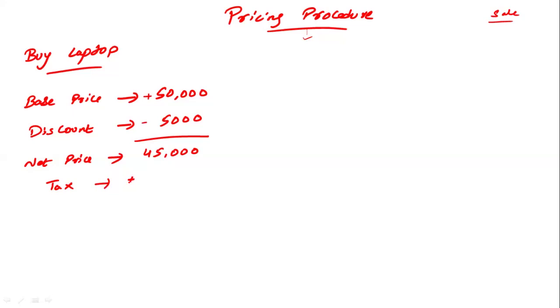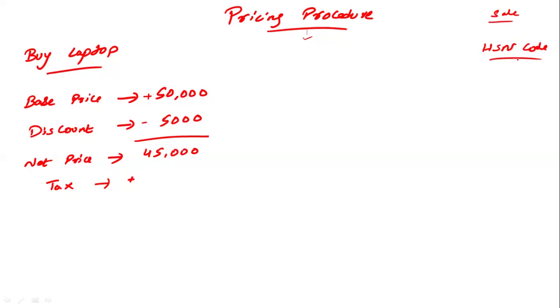We have different tax slabs: 5%, 12%, 18%, or 28%. That tax depends on the HSN code. There is a terminology in finance called the HSN code, the Harmonized System of Nomenclature. This number is common for materials all over the world.